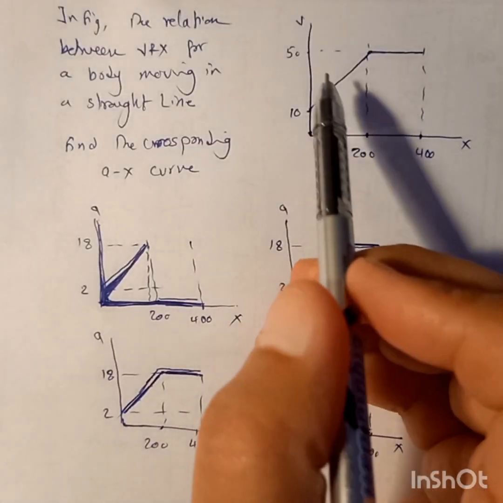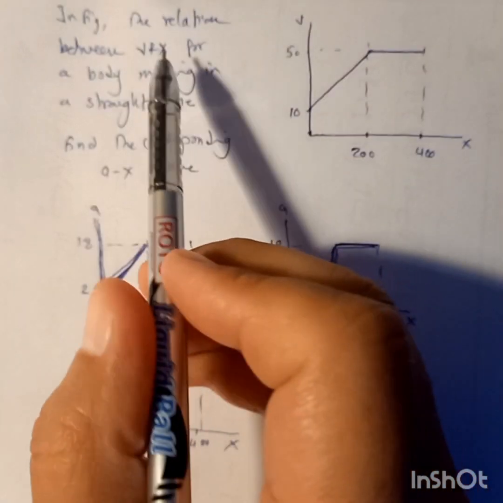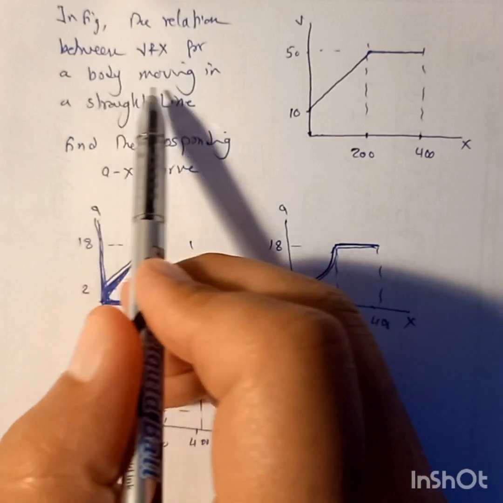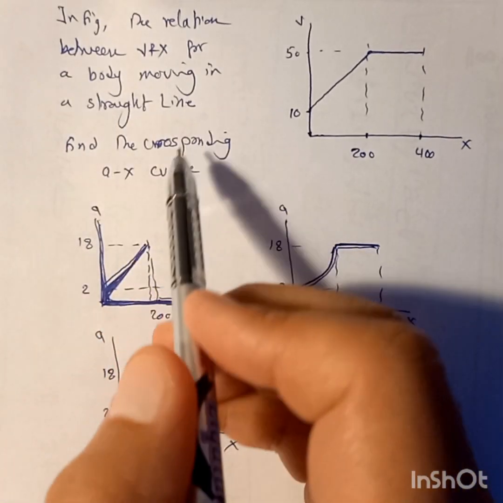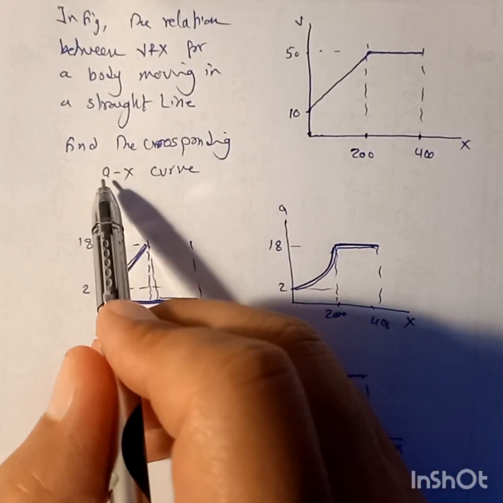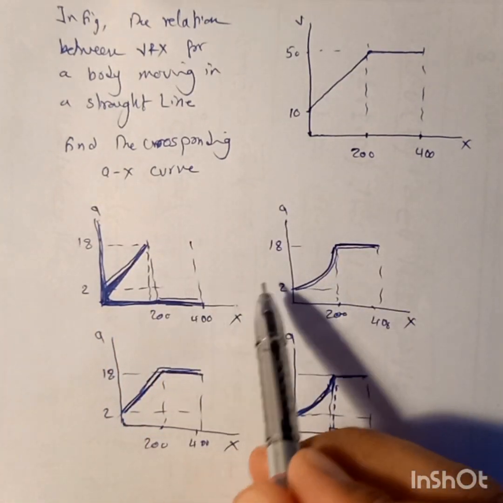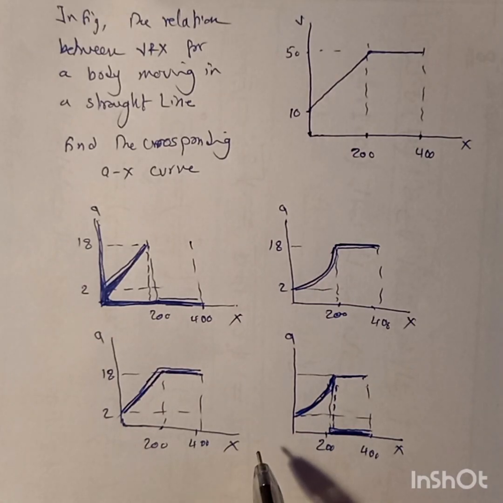I have another example. In this figure, we have the relation between velocity and displacement or position of a body moving in a straight line. It's required to find the corresponding acceleration-displacement curve from one of the 4 given curves below.